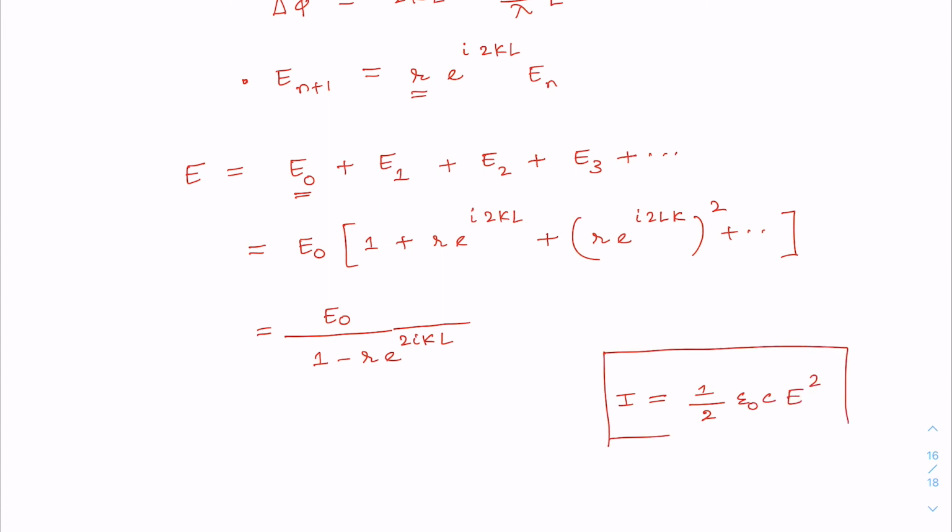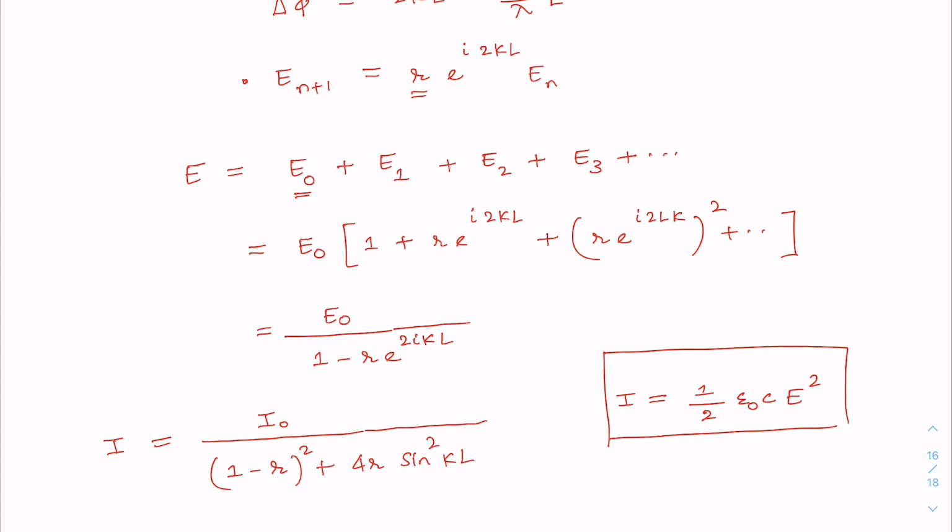Utilizing this, the intensity inside the resonator, if you take the mod square, you can easily get I0 divided by 1 minus R whole square plus 4R sine square kL. This relation can be worked out very easily, and this is the intensity we are going to obtain inside the cavity.